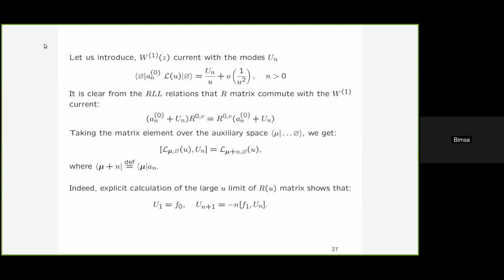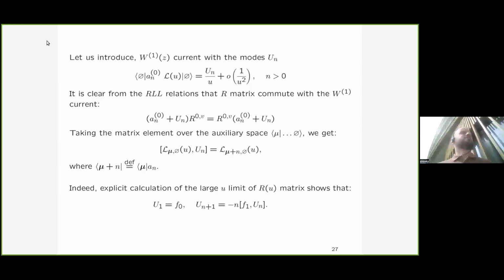But what was the point? Sorry. Can you still hear? Alyosha, we hear you. So everything is okay. Continue. We can hear you when you are not moving. So if you stop somewhere, we can hear you.